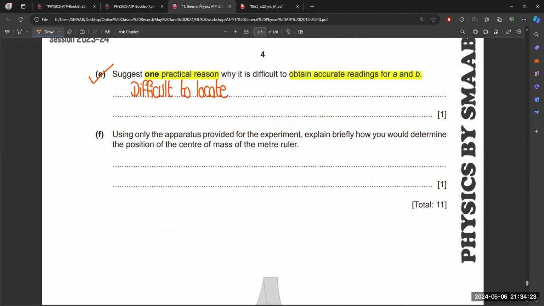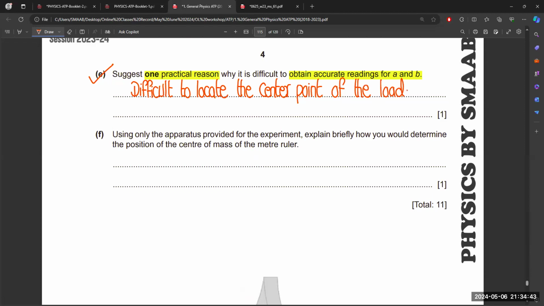It will be difficult to locate the center point of the load.